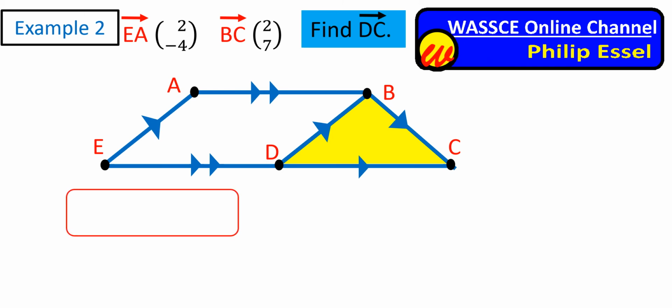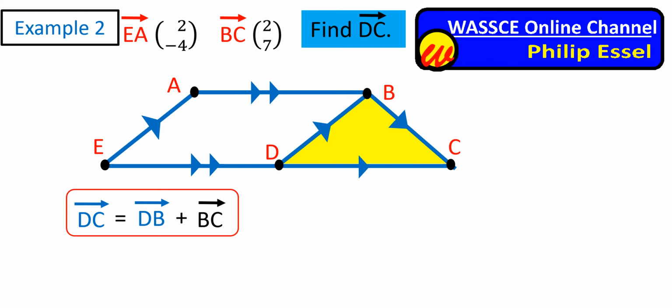From this yellow region, we can resolve the vector DC into its component vectors. And when we do this, we would get vector DC equals vector DB plus vector BC.